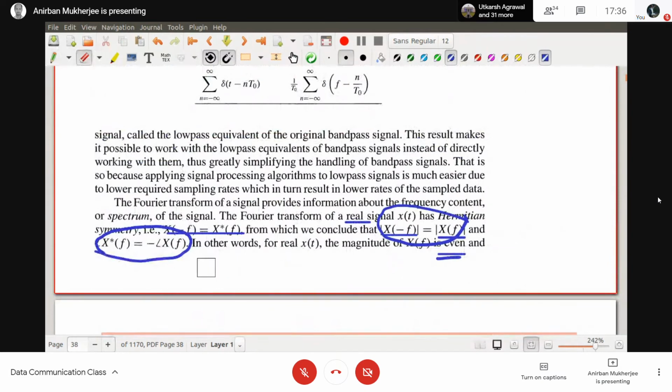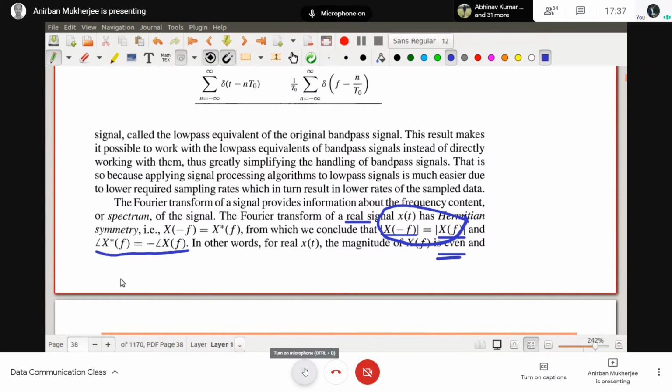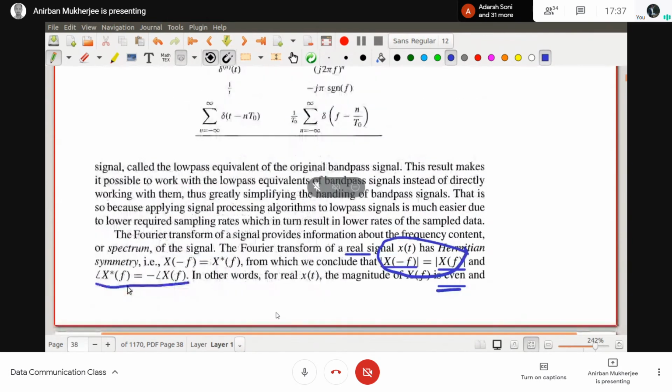Now, do you appreciate why it is coming like this? Why is the phase of X conjugate f coming as minus of the phase of X(f)?